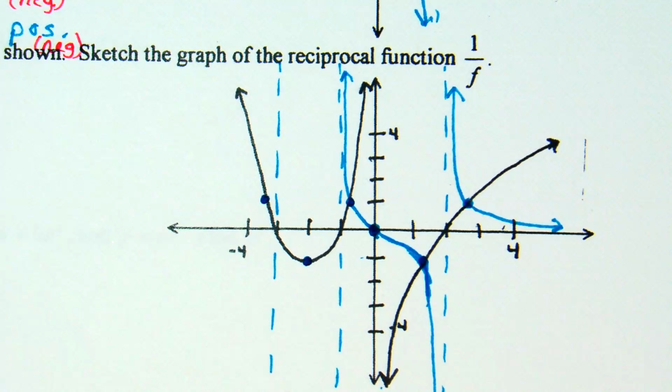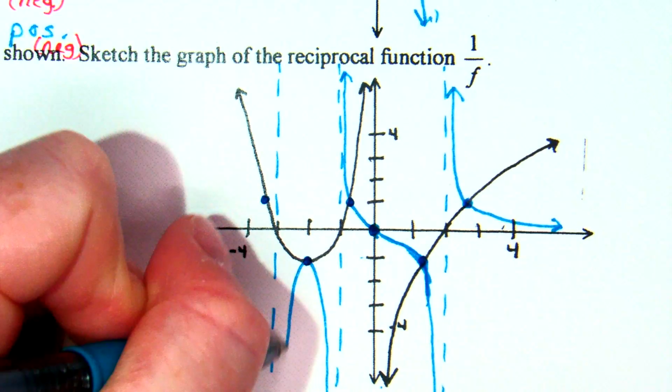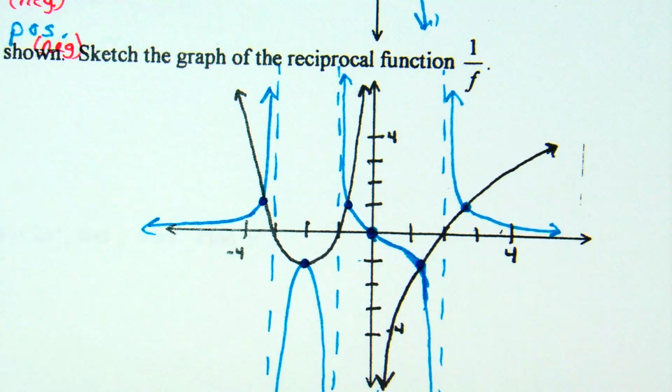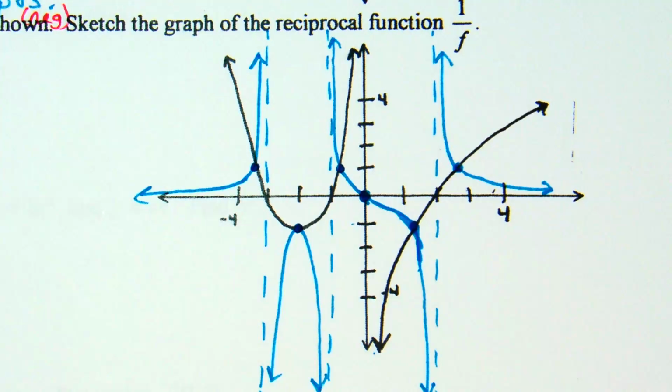Did we flip parabolas when we were doing sine to cosecant? Yeah. You're flipping the parabola there. And to the left of -3, running along the vertical asymptote and then running along the x-axis. Did you start to see some of the connections there?